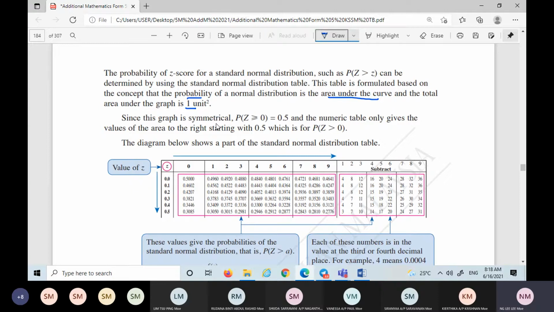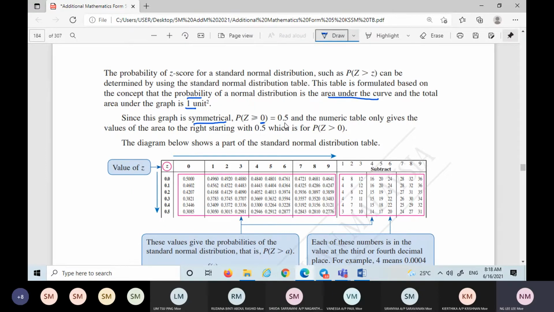Since this graph is symmetrical, this one yesterday you also learned, there is 50% below the mean and 50% above the mean. Here the mean is 0. Therefore, the probability for Z bigger than or equal to 0, or without the equal also the same, is 0.5. Because the total is 1, you divide it into 2 parts: 0.5 for bigger than 0, and another 0.5 for smaller than 0.